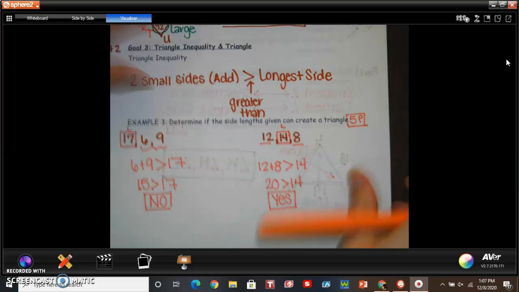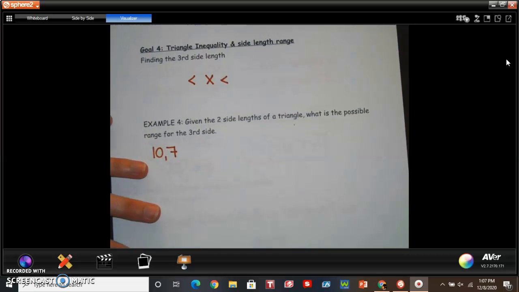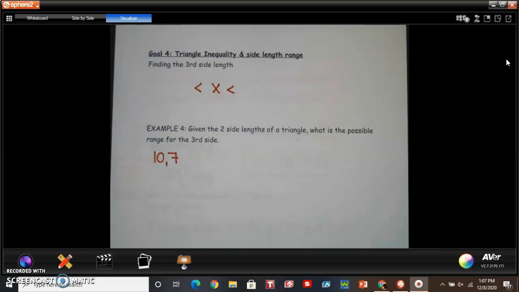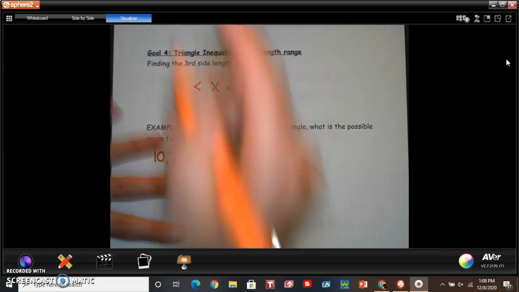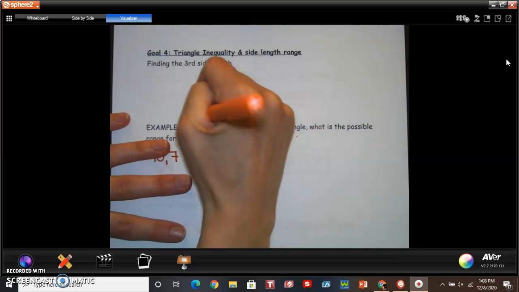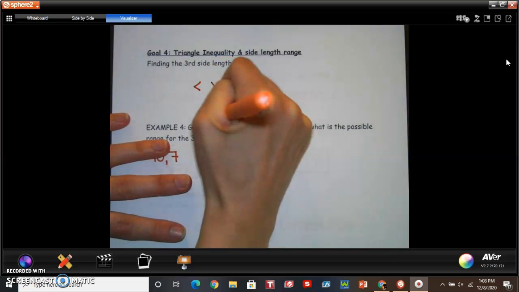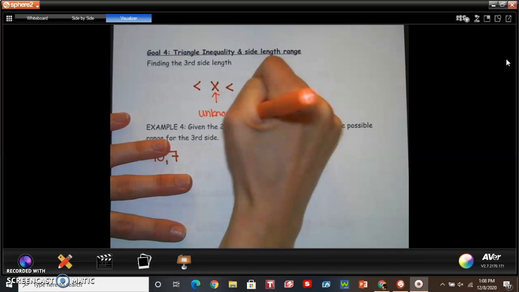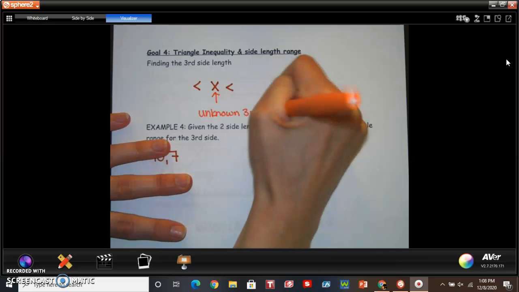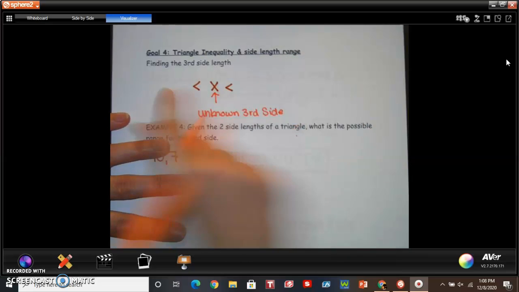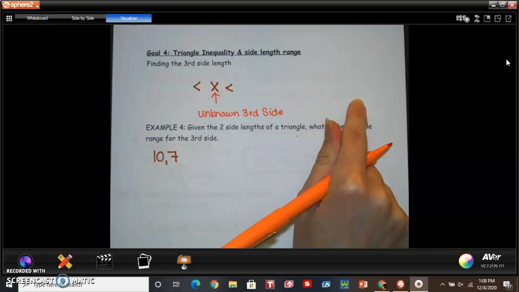Okay? All right. Now, there is one more part of our triangle inequality, and that is the range aspect of it. So a range means we're wanting to say our unknown. This will always be our unknown third side. And we want to know what is the range that we can find when given 2 sides.